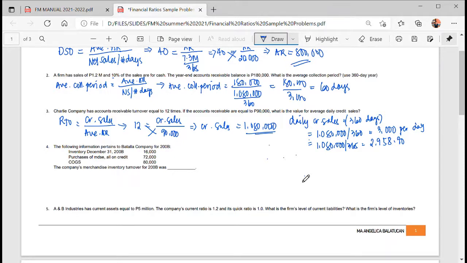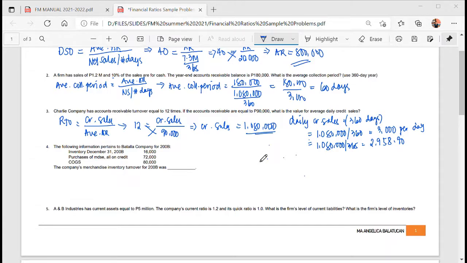Although there is no beginning inventory, so I will just use the ending 16. Is there no other way? Remember, how do you compute the cost of goods sold?